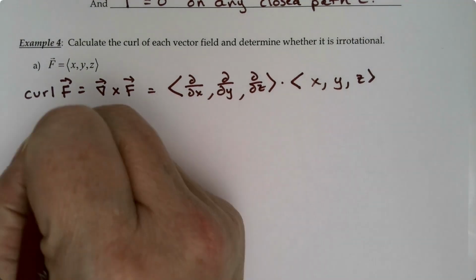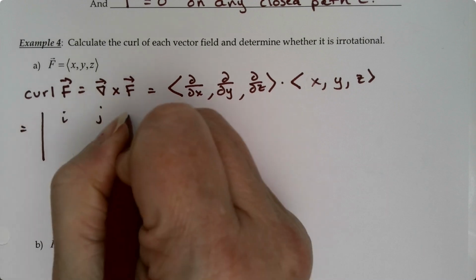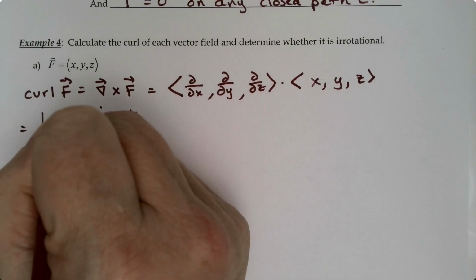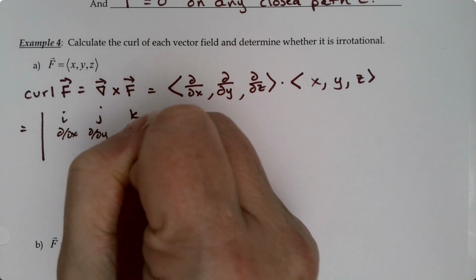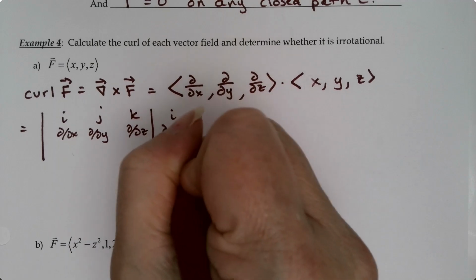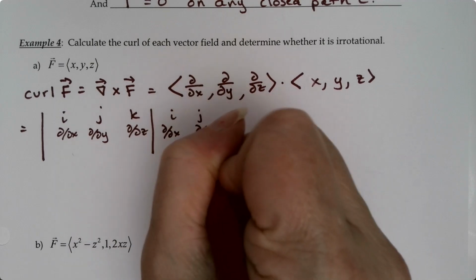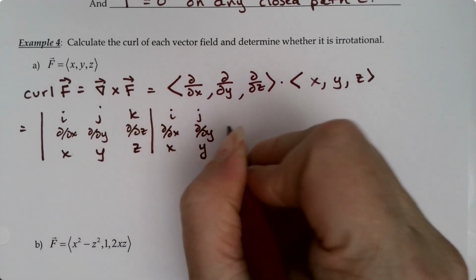Now we can do this two ways. We can rebuild what we just did. So i, j, k, ∂/∂x, ∂/∂y, ∂/∂z, and then keep going to make the trick. And this is x, this is y, this is z, this is x, this is y.